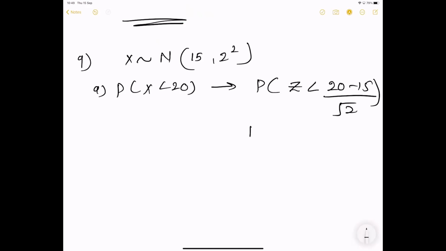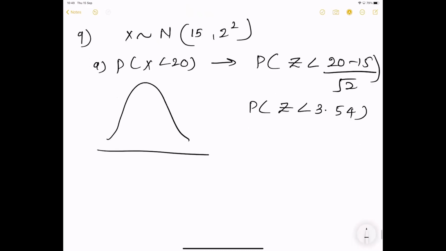Z less than 3.54, right? We want to find this left-sided area. By using the table, you can find it.